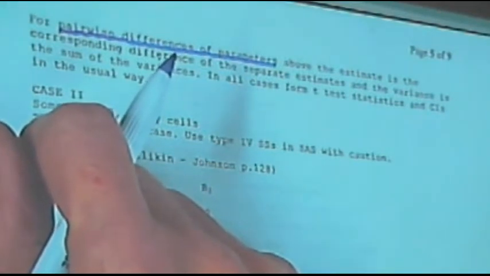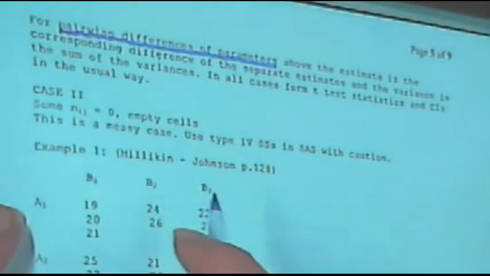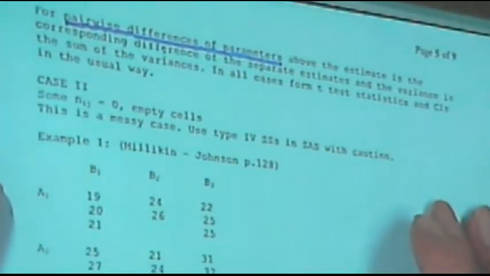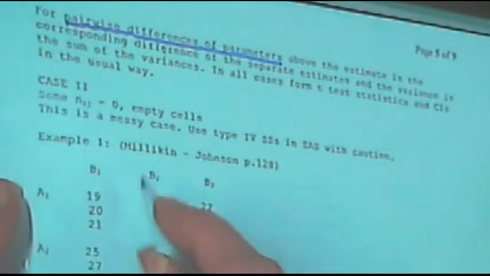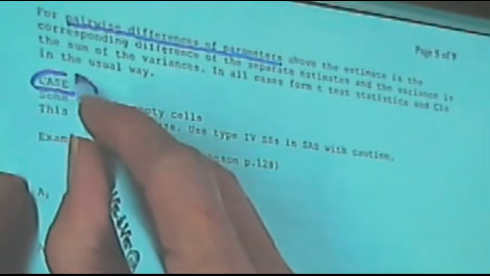We've always done that. How do you find the variance of such a difference? You add the two variances together. And so we have all the pieces to handle this problem. So I didn't write out any new formulas here for you to think about. Example coming up, but before we get to the example, let's look at case 2.